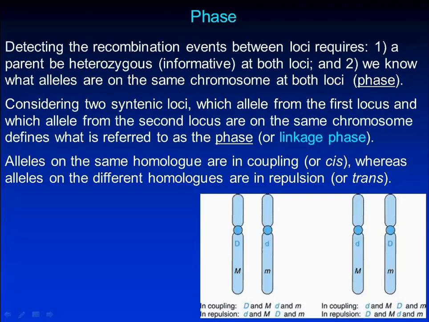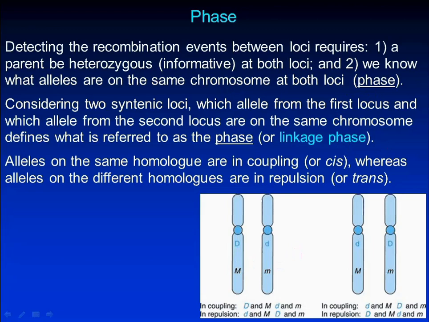Detecting recombination events between loci requires, first, that a parent be heterozygous at both loci, and second, that we know what alleles are on the same chromosome at both loci. This information is called phase, or linkage phase. For example, this person is heterozygous at both loci.